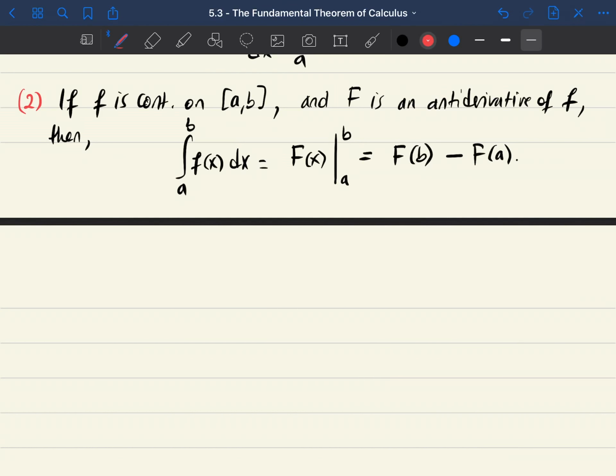Okay, so the short version of this theorem, if you just want to write this shortly, FTC 1 and 2 is the following. So this is what most people remember. So there are two parts. So part 1 and then part 2.